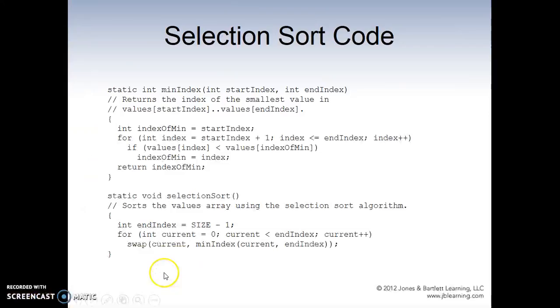Now this one, it looks like it's going to go through and keep swapping, because it's always going to return index of min.